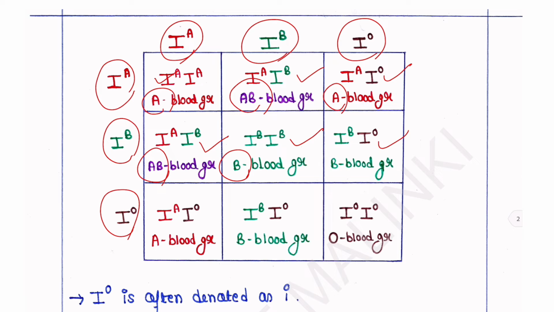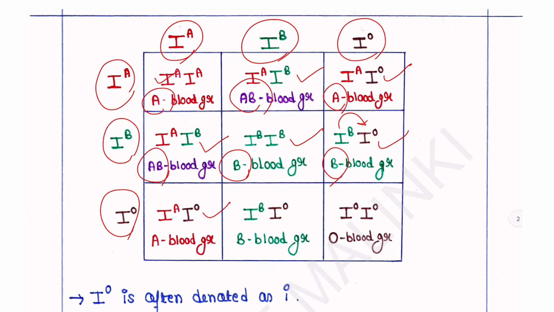So IB is dominant over IO, and in this case only B molecules will be produced on the RBC surface, because IO will not produce any such protein, and the blood group will be B here.